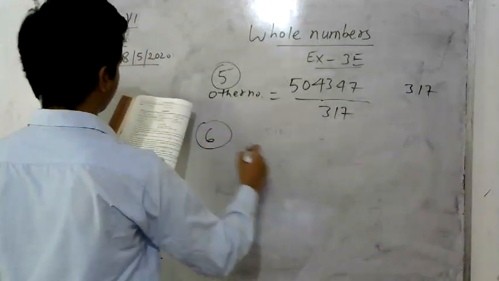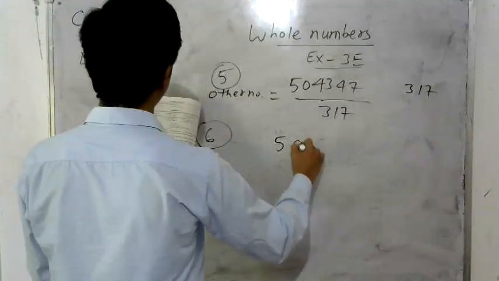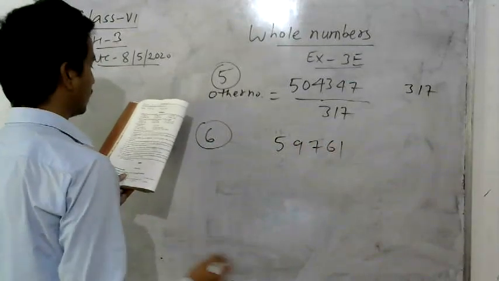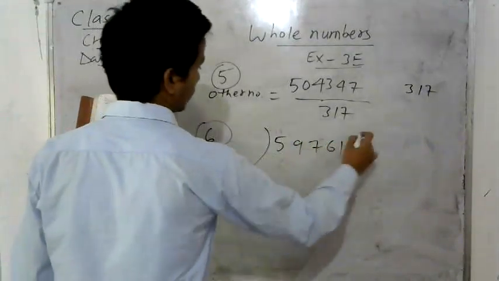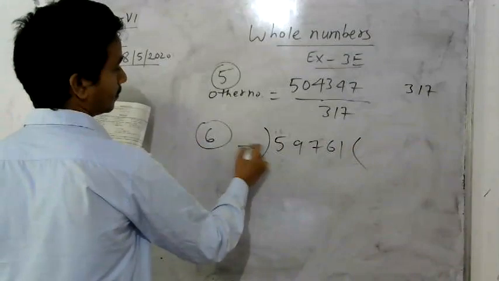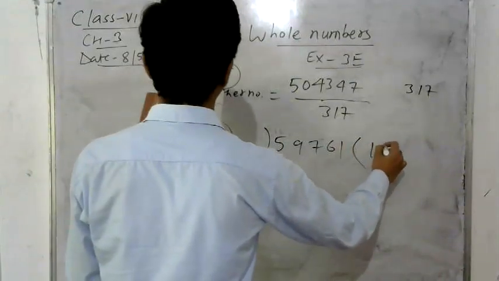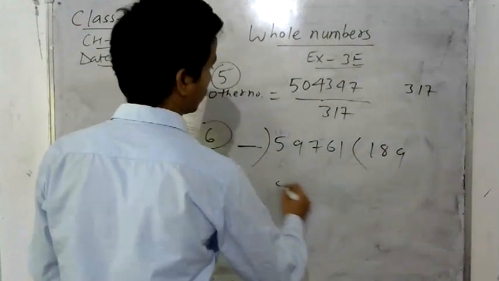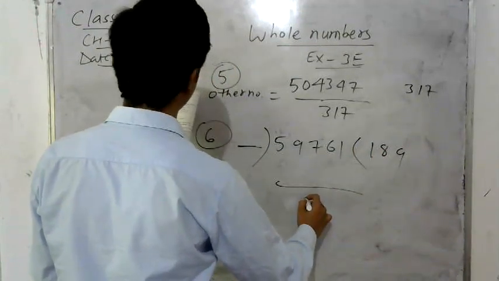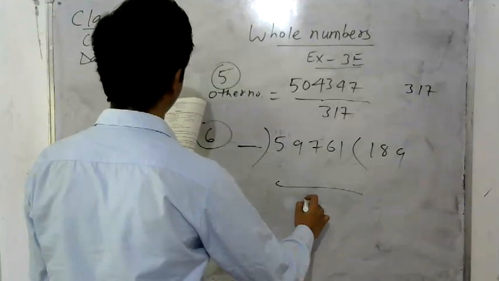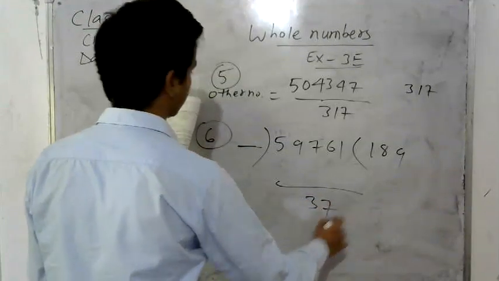In question number 6, on dividing a certain number, 59761, by a certain number, we don't know what this number is, the quotient is 189, and the remainder is 37.